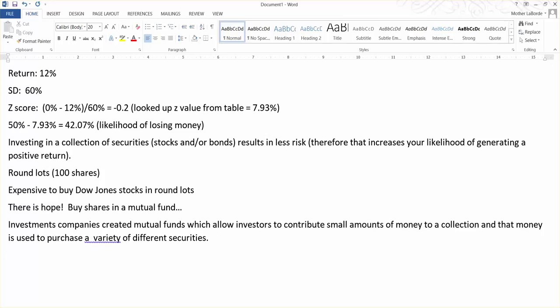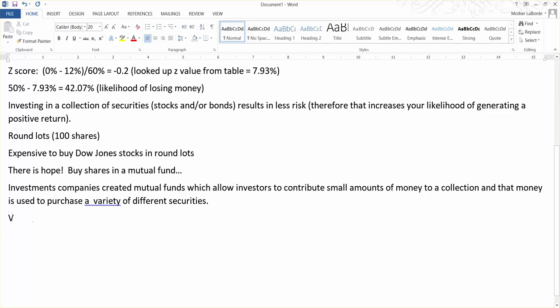Some examples of investment companies that perhaps you have heard of: there's the Vanguard Company, Charles Schwab. Vanguard's really well known for having funds with very low fees. Charles Schwab is known for having funds that require fairly small minimum investments.